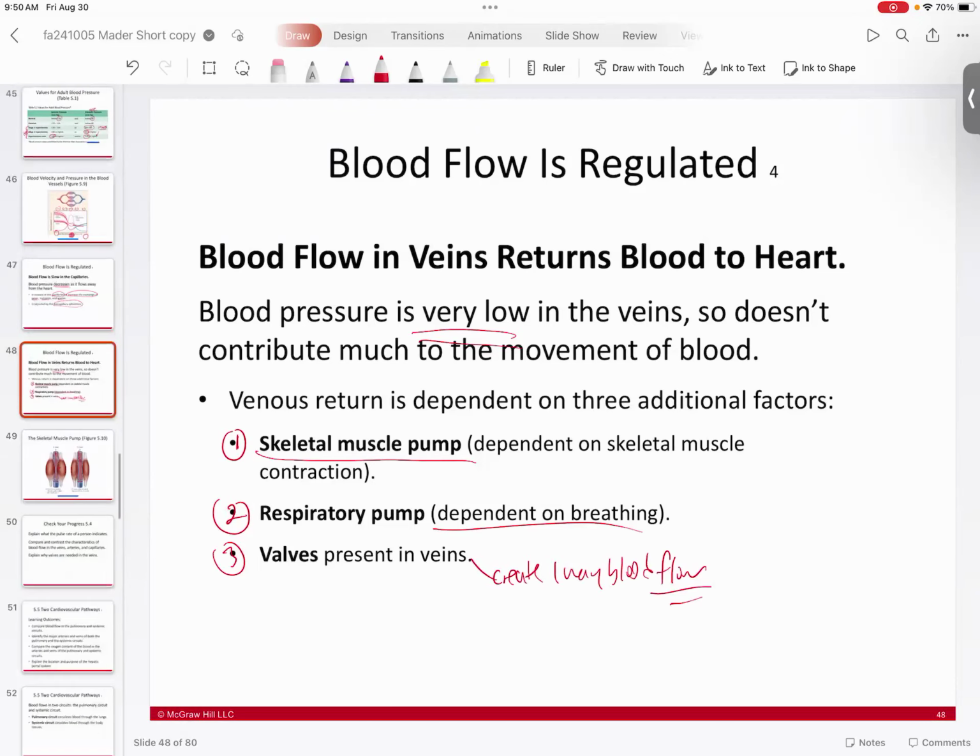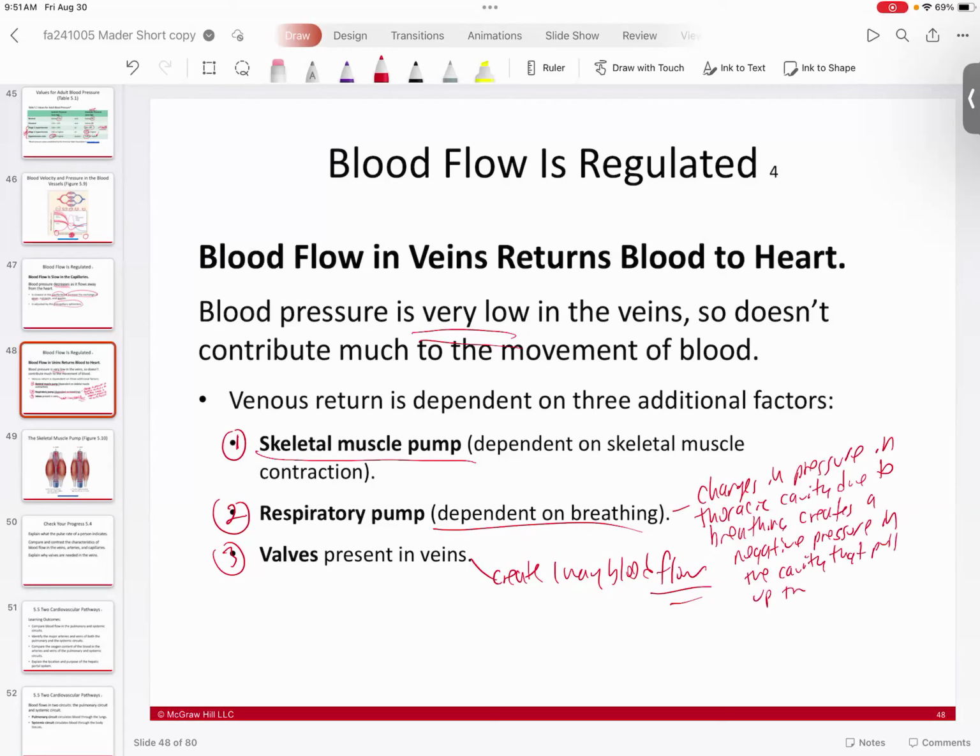Basically what the respiratory pump does is essentially the changes in pressure in your thoracic cavity. This is due to breathing. It creates a negative pressure in the cavity that pulls up the venous blood.